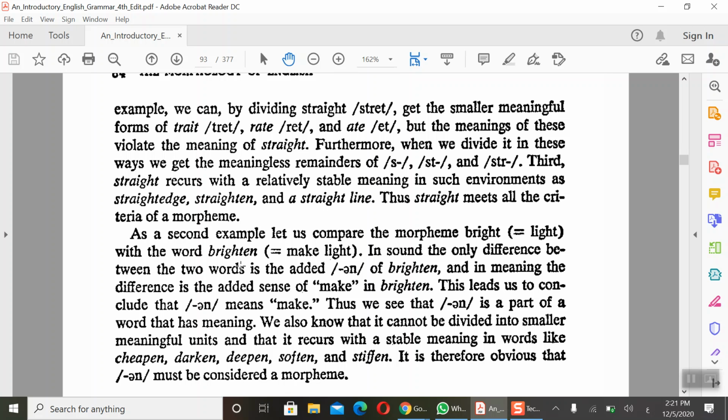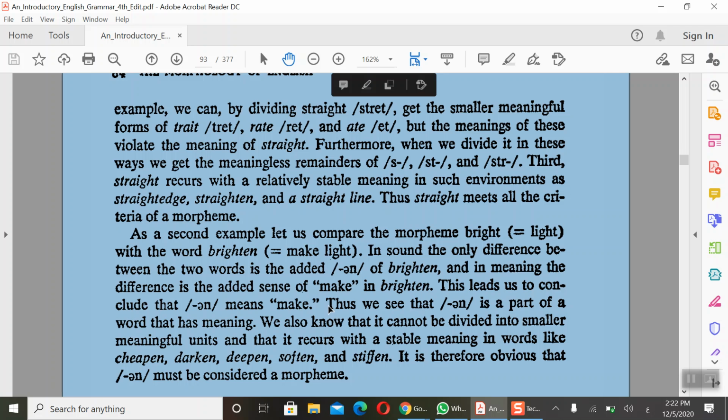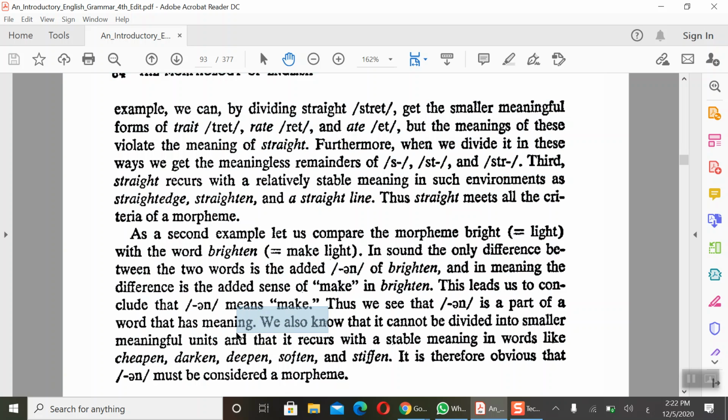But if we add en to a word, it is part of a word. Does it have meaning? Yes. What does it mean? Make. So this is number one. Number two, thus we see that en is a part of a word that has meaning.